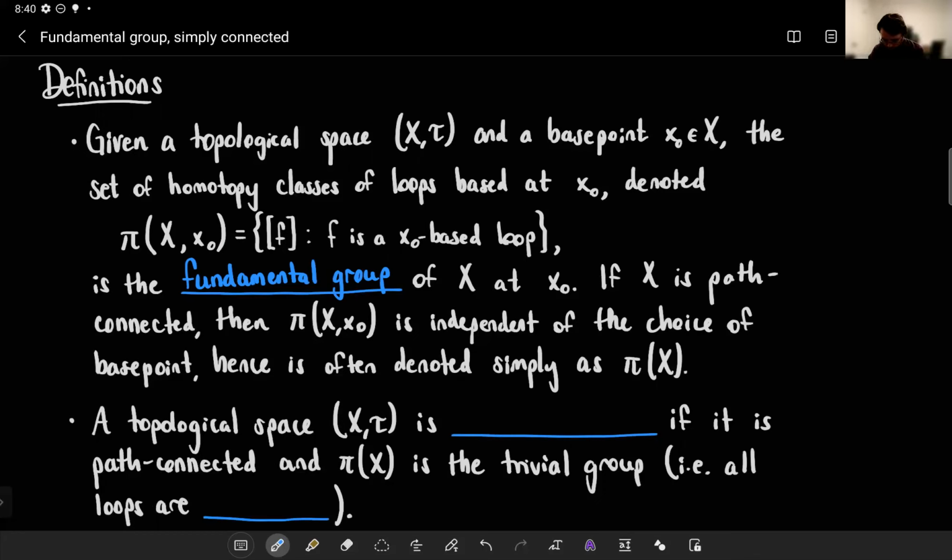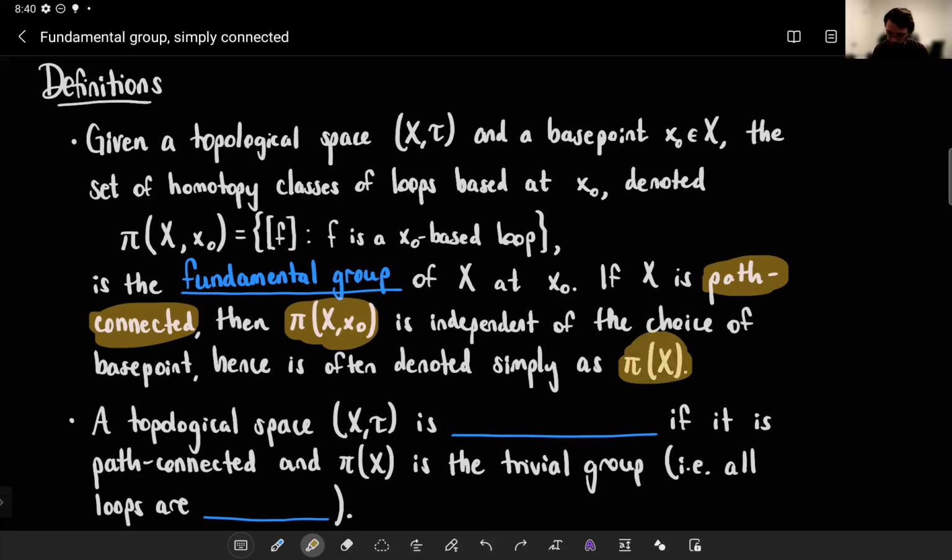Most of the time, we're going to be dealing with spaces that are path connected, though. And there's a really nice theorem that says if your space is path connected, this fundamental group doesn't depend on x0. You can put x0 anywhere you want, and the fundamental group won't change. So in that case, we'll just represent it as pi of X, the fundamental group of the space X.